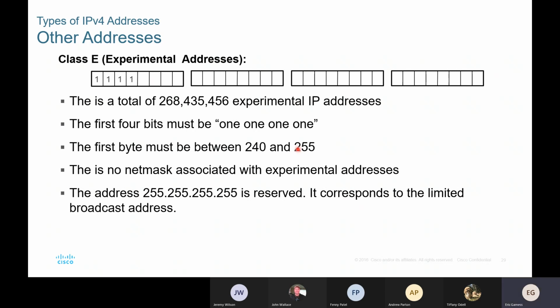Class D, the first byte has to be between 224 and 239. On class E experimental, the first byte has to be between 240 and 255. So just by looking at the first byte of an IP address, you can tell its class, because the ranges are not overlapping. They are different.